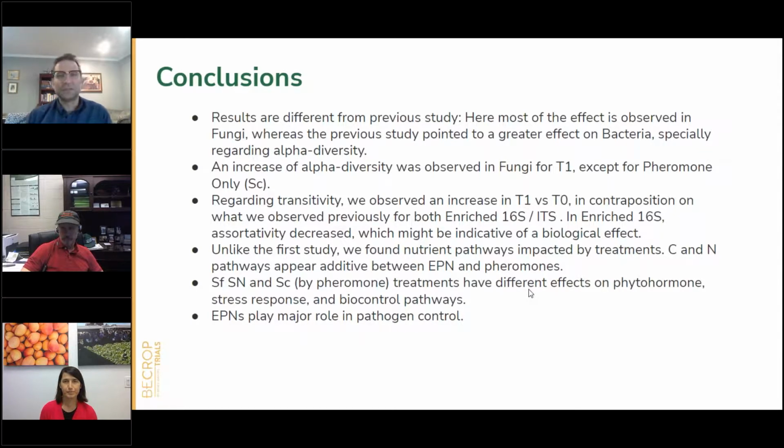And so these are some of the conclusions of the biology that we can make through these trials that we have done.